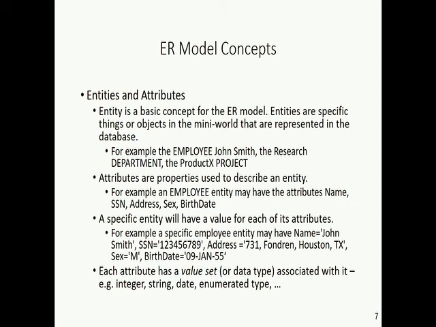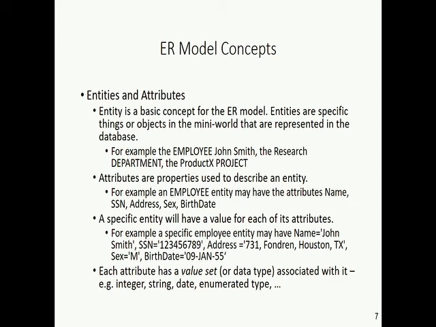Okay. So, employee John Smith, the research department, and the Product X project that we're dealing with. Attributes are properties used to describe an entity. So the employee entity has attributes of name, social security number, address, sex, date of birth.